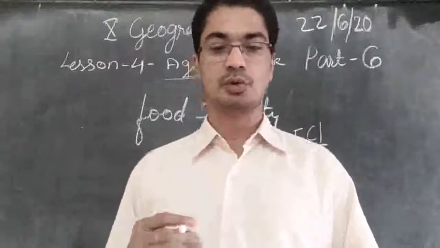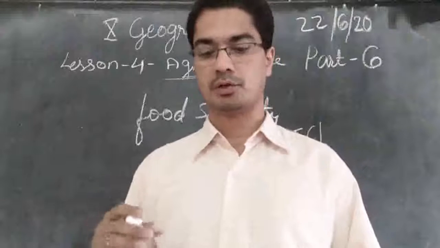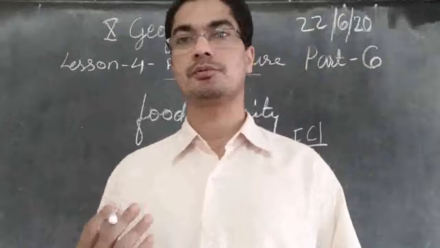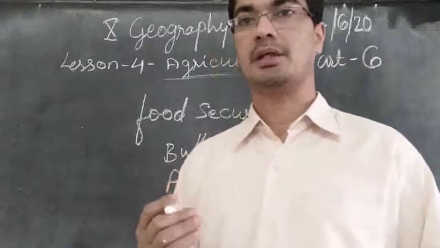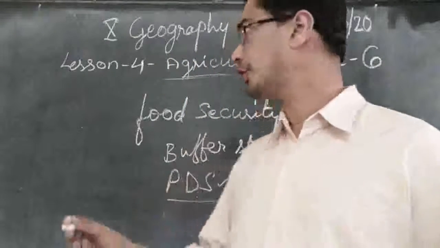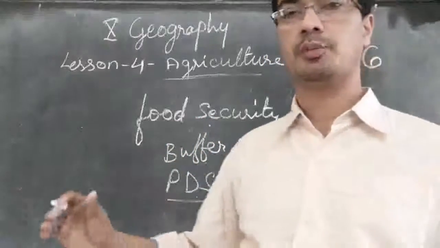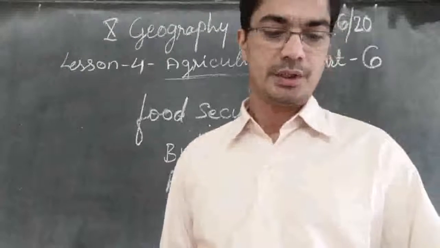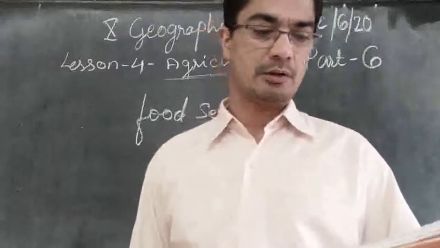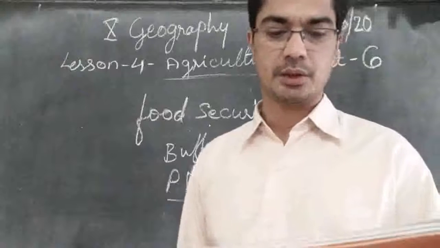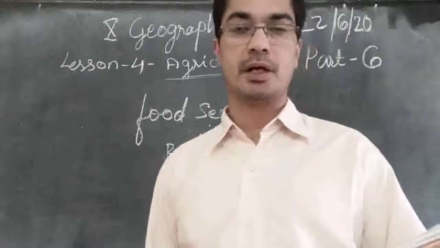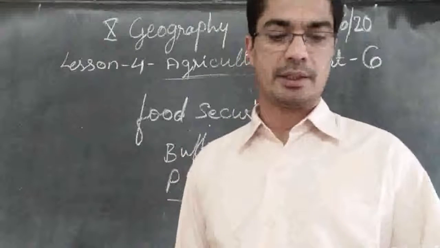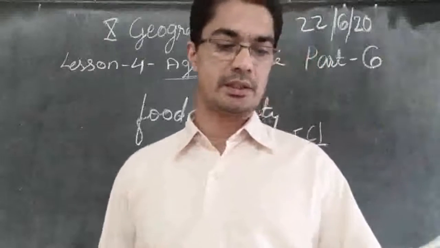So the government needs to take proper care so that these things will be taken care of, and the people will be able to produce the right things at the right time, so that the food security of the country, of the people, will be maintained. Then each district and block can be made self-sufficient in food grain production if the government provides proper agriculture infrastructure, credit linkage, and also encourages the use of the latest techniques.